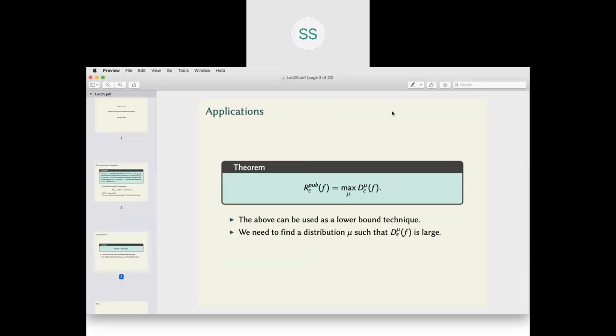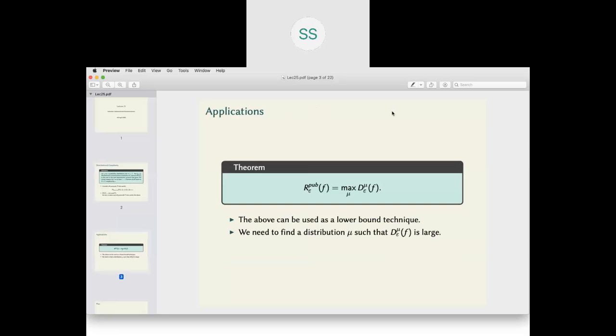We proved this theorem that the randomized complexity with public randomness for a function f is the max over all distributional complexities, where the max is taken over all the distributions. So the point is that this can be used as a lower bound technique for the randomized complexity, right?